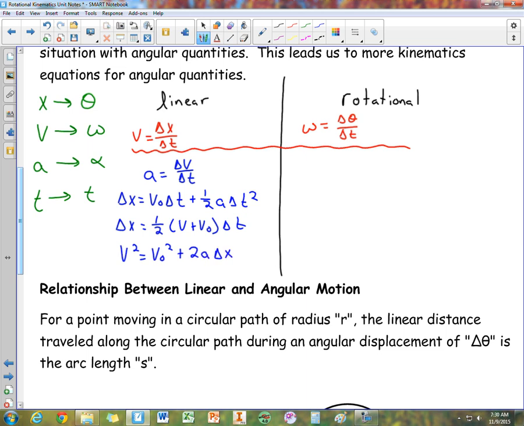So again, in red, I have the constant velocity. In blue, I have the constant acceleration. These are going to be mathematically identical.